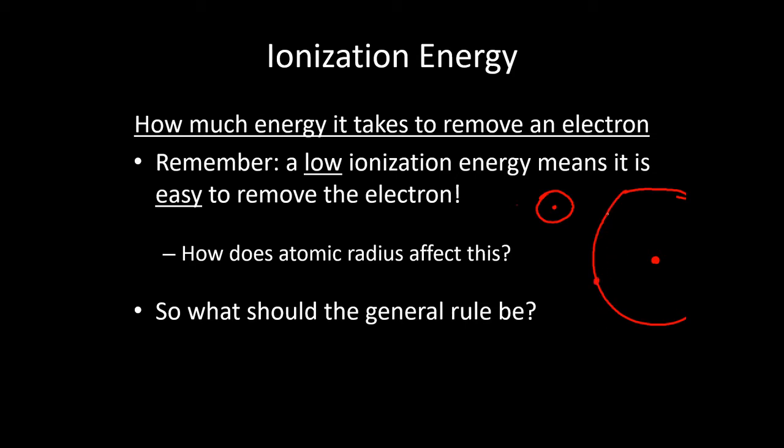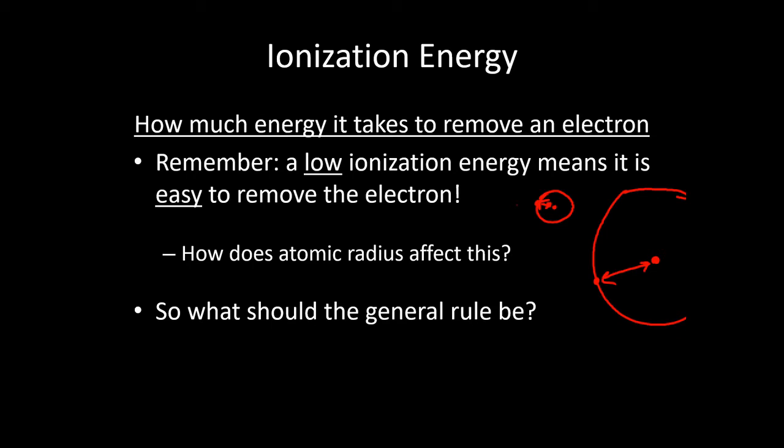The big one is going to be significantly easier to pull an electron off of because the electrons are not as tightly held. They're much farther away from the nucleus in the big atom than they are in the little one. Because they're farther away, they're not as strongly attracted to the nucleus, so it doesn't take as much energy to pull them apart. It's almost like having two strong magnets, and you put the two strong magnets really close.